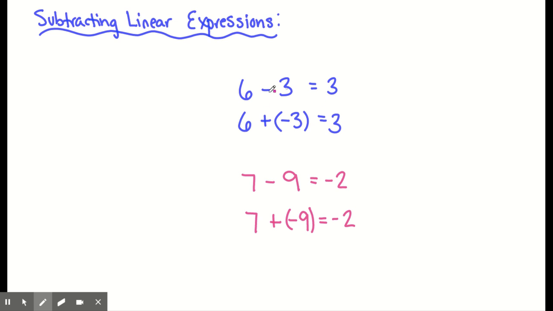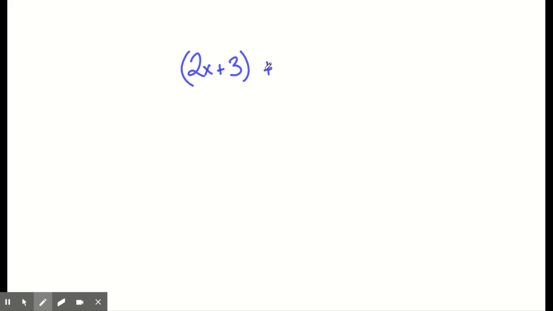Okay, so we are going to use the same idea with integers, and we're going to use it with expressions. So let's go ahead and do a quick review of adding expressions. I'll give a simple example to get us started. So if we had (2x + 3) plus (4x + 5).